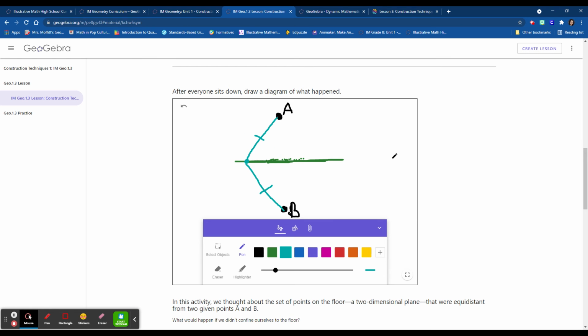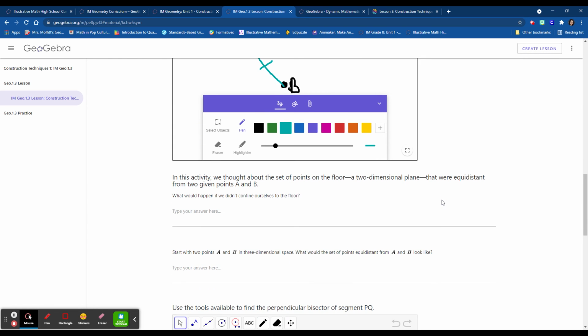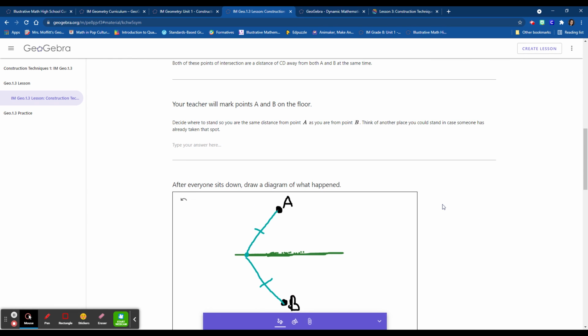So this line right here is exactly in the middle of those two points. All right, I need to come back up here. Okay, so I'm going to say that our class stood in a line in the middle of the classroom.